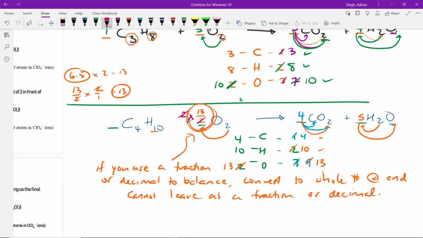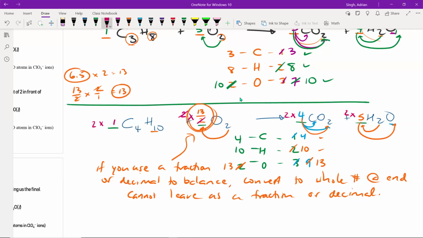And remember, I used 13 over 2 to balance the O's. So technically my equation is balanced, but I need to make this a proper coefficient, meaning it has to be a whole number. So now I'm multiplying it by 2 to convert it to the smallest possible whole number. If I multiply this by 2, I have to multiply all the other ones by 2 as well. Okay, because this is an equation, whatever we do to one thing, we need to do to all the other things.